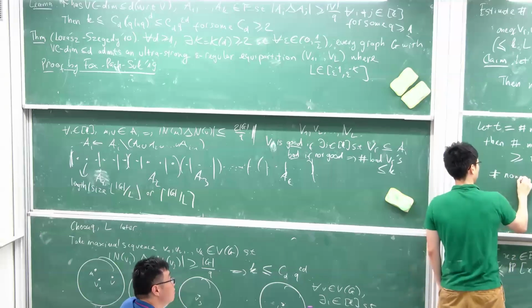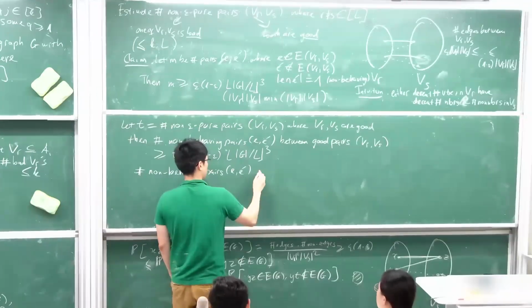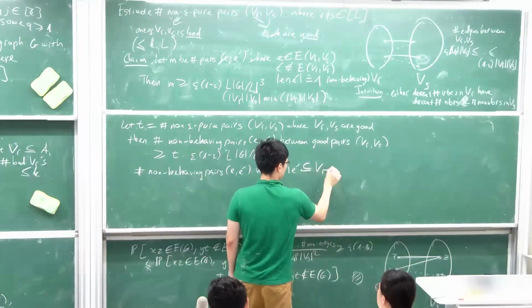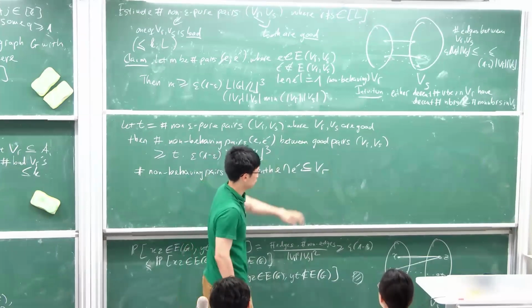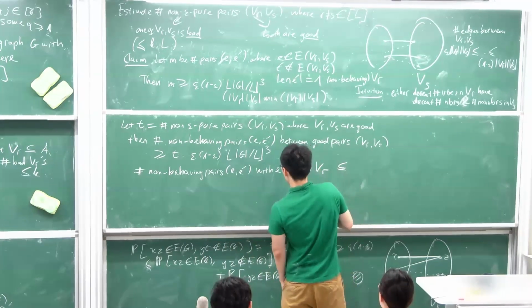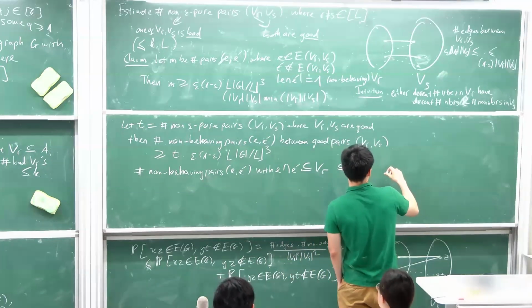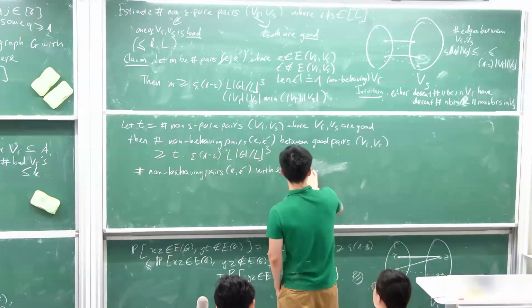So the number of non-behaving pairs E and E prime with the common endpoint unique vertex: the number of such pairs for each arc is going to be at most something.